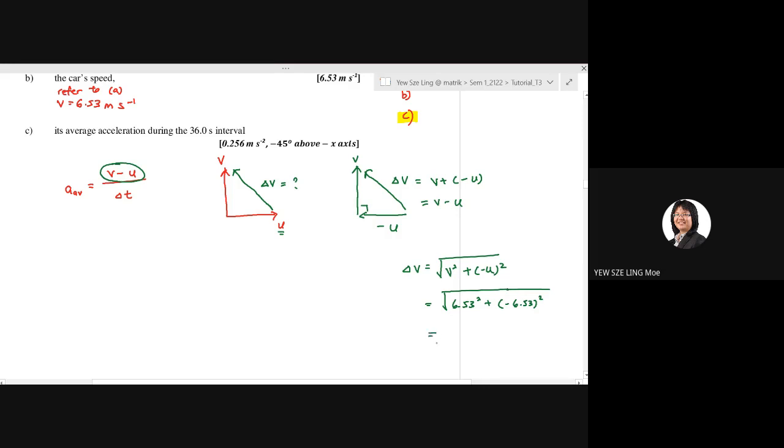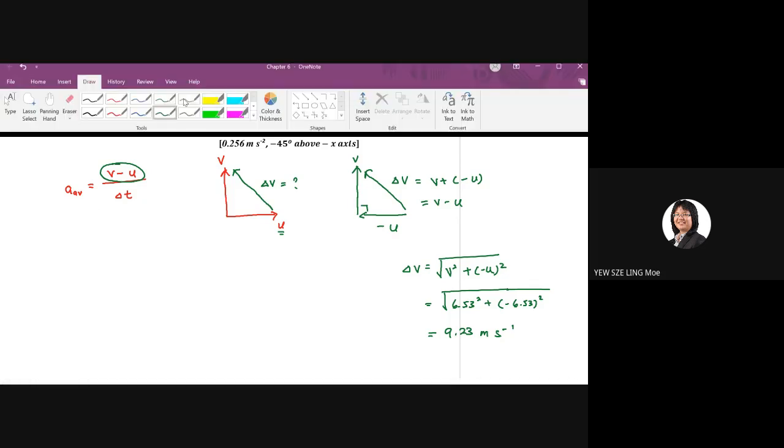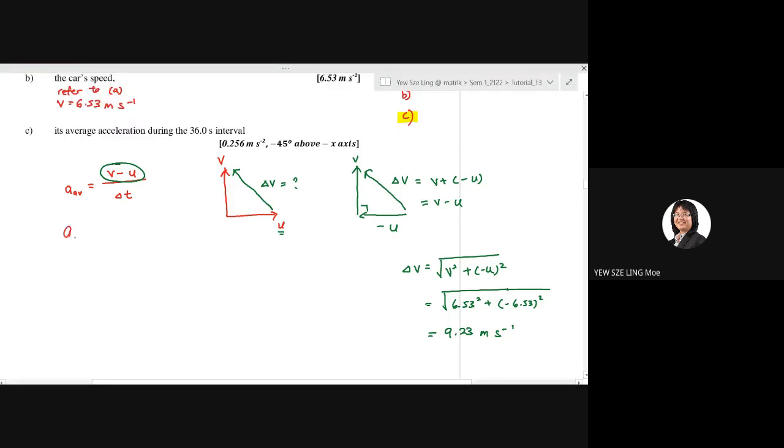So eventually you are going to obtain 9.23 m/s. So this is delta V according to the diagram given. So average acceleration is then equal to 9.23 divided by 36 seconds, which gives you 0.256 meters per second squared.